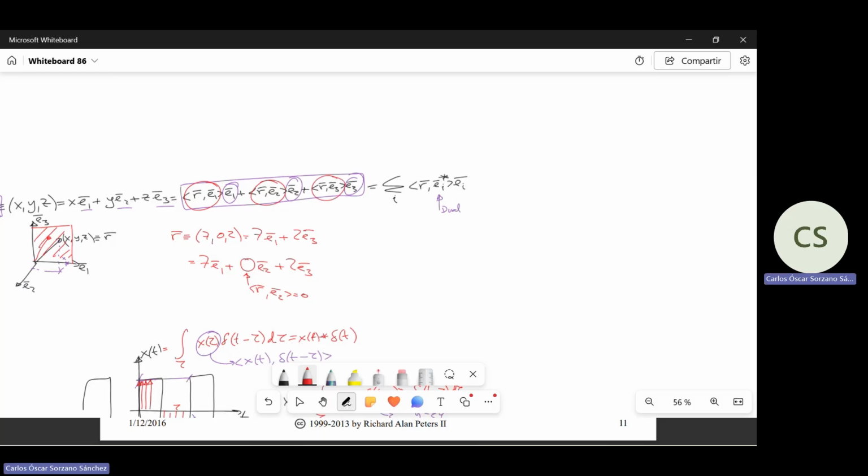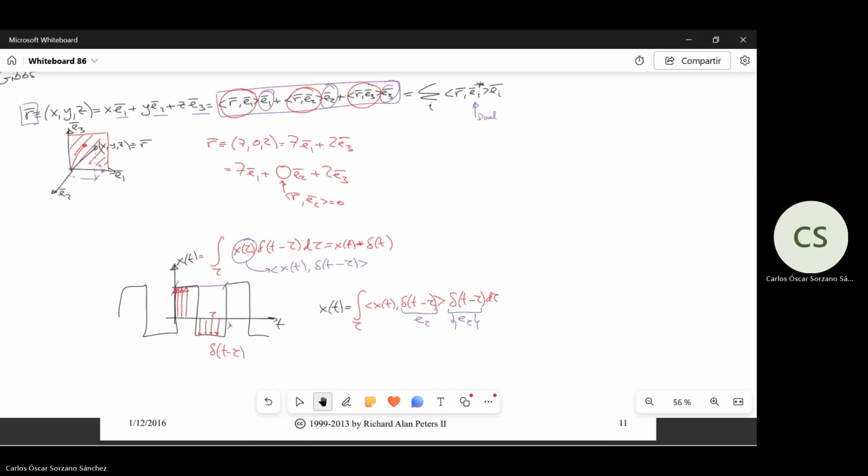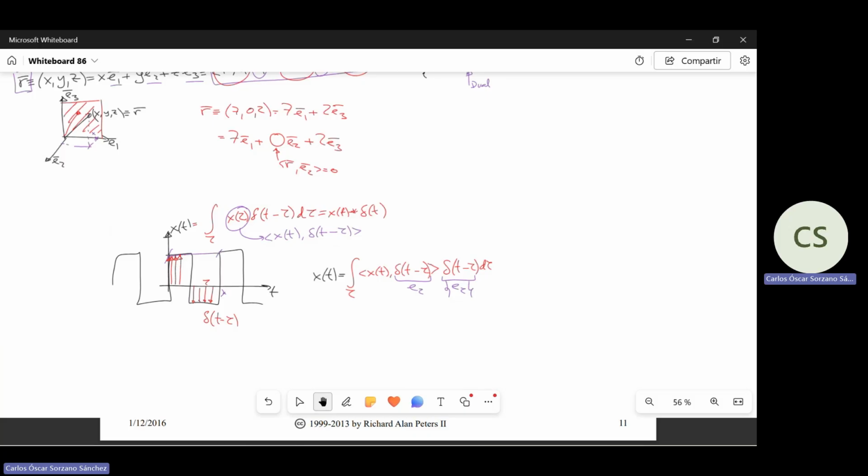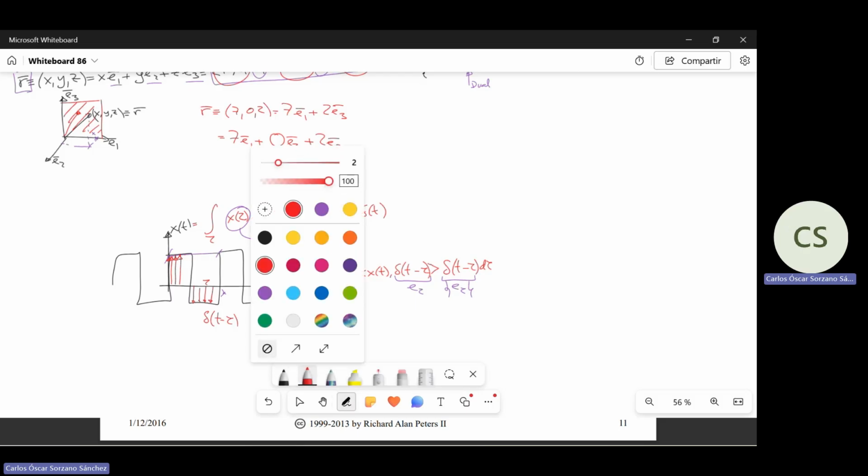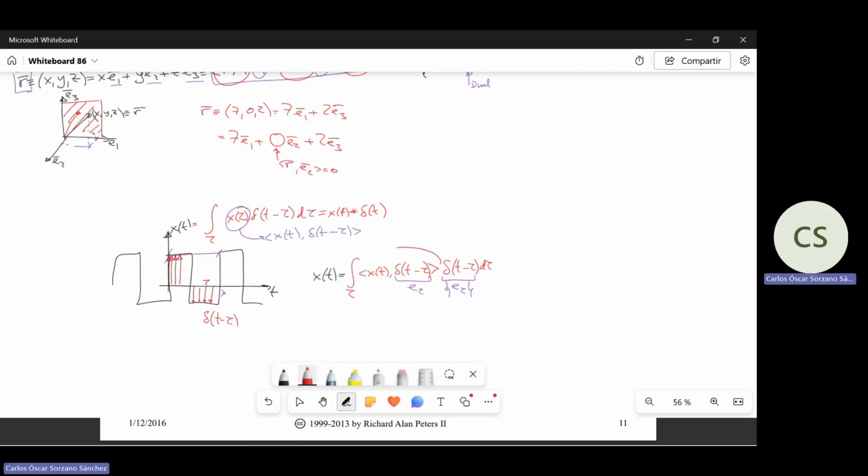So here we have the same structure. We have a basis, we sum over all elements in the basis, and then we multiply by the coefficient associated to that basis element. Okay, let's look at the Fourier transform now. I have said these delta functions are a basis.